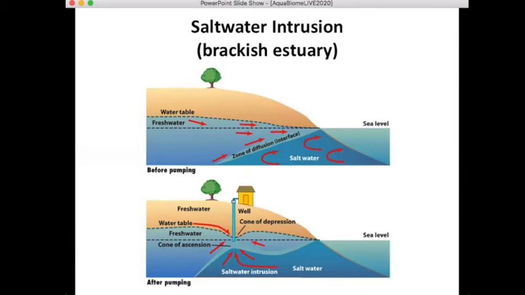So we can accidentally turn our well salty. That's called saltwater intrusion, when the salt water comes further inland because of humans drawing too much groundwater.